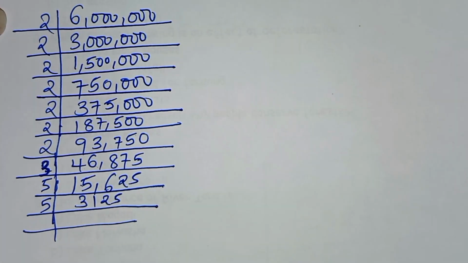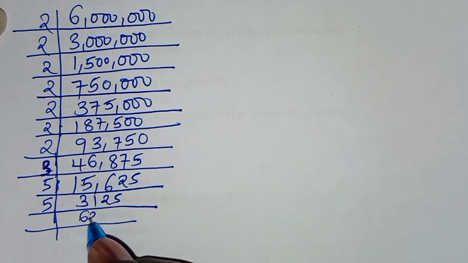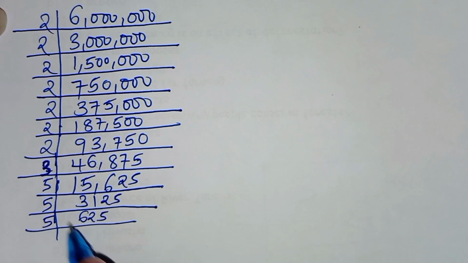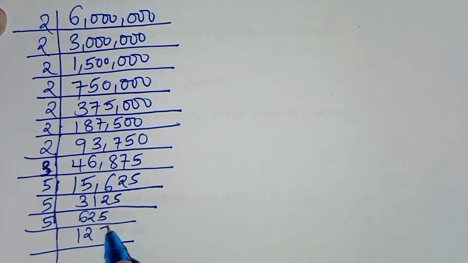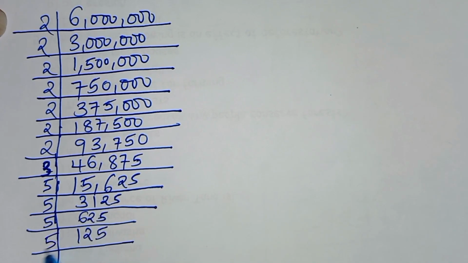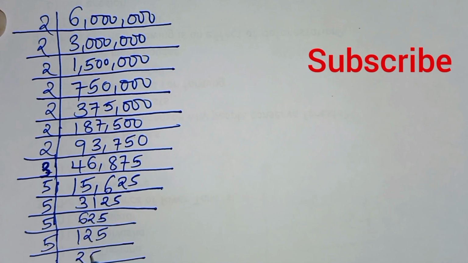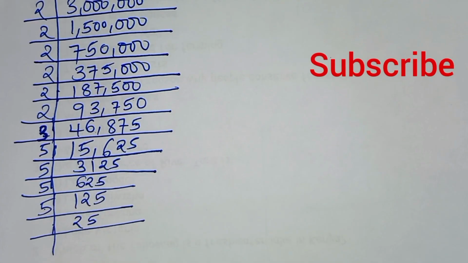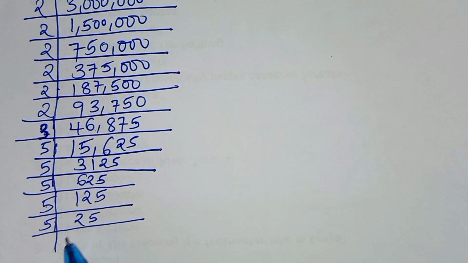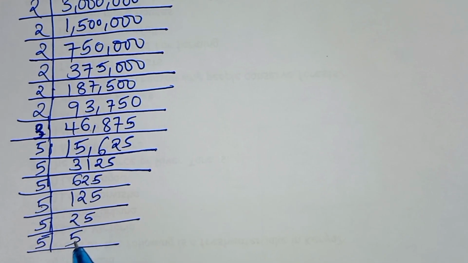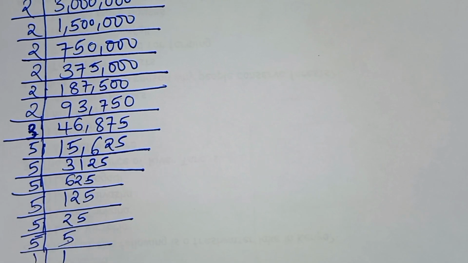So 3125 divided by 5 is 625. Now 625 divided by 5 is 125. Now 125 divided by 5 is equal to 25. Okay, 25 divided by 5 is equal to 5. Now let's divide 5 by 5, this is 1.